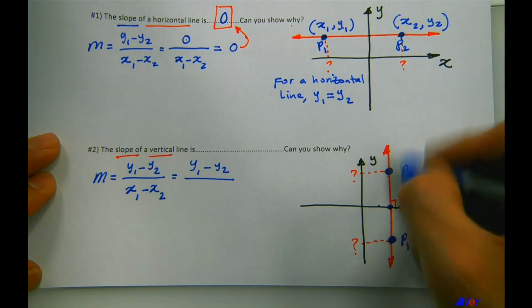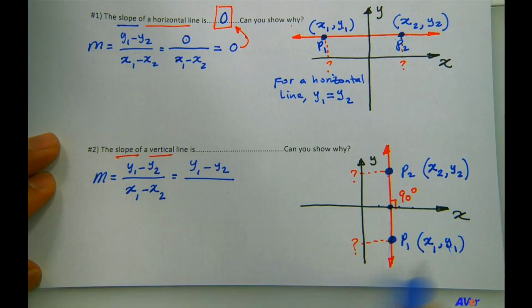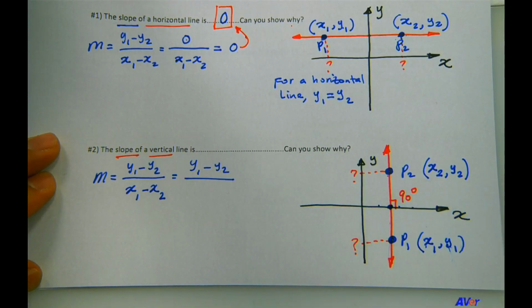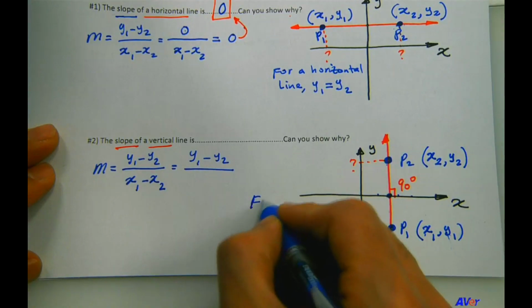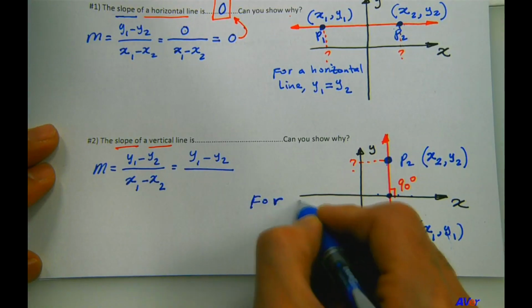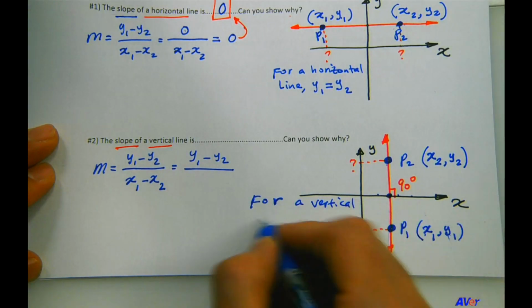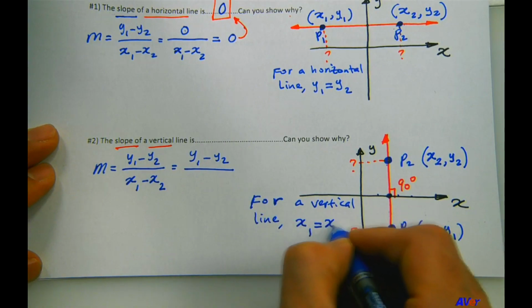It just drops vertically, going through the same x value. So that means x1 and x2 must be the same value. So for a vertical line, x1 equals x2.